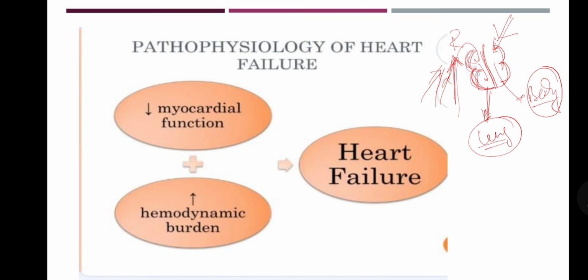So cardiac output is the amount of blood that goes from the left ventricle to the aorta, and it depends on the heart rate and the stroke volume.